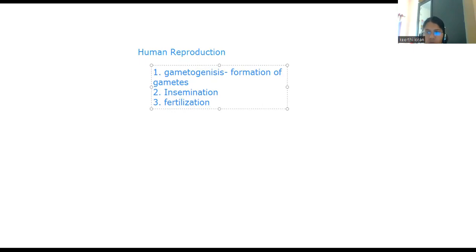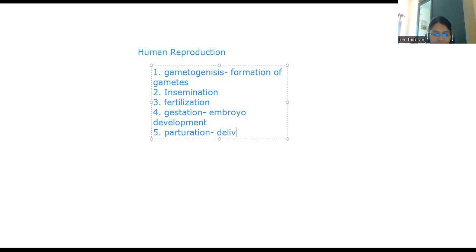Then cell division happens and the blastocyst forms, and it travels to the uterus in the female body, where the gestation process starts. Gestation means embryo development, and in the later stage comes parturition, which means delivering the baby.